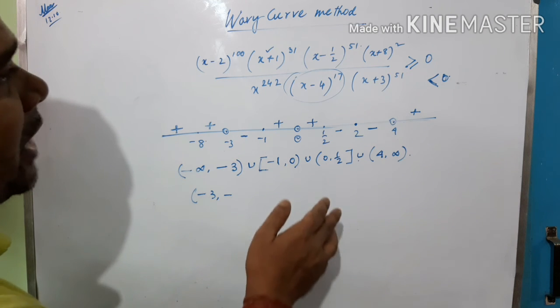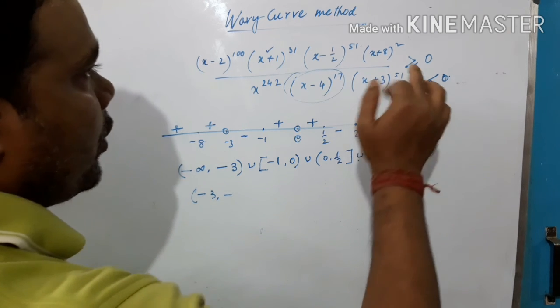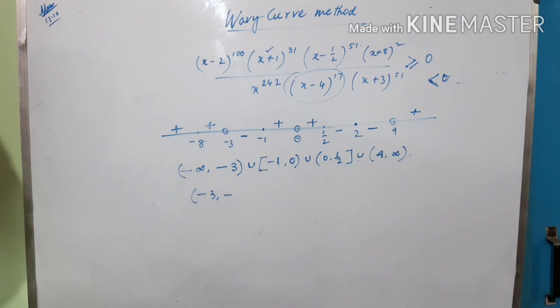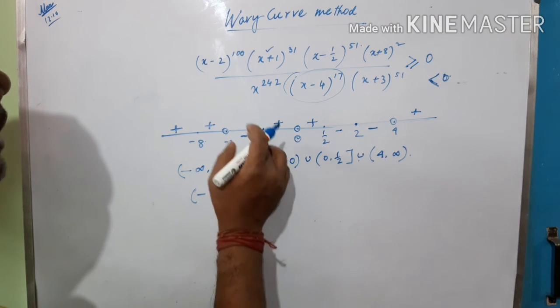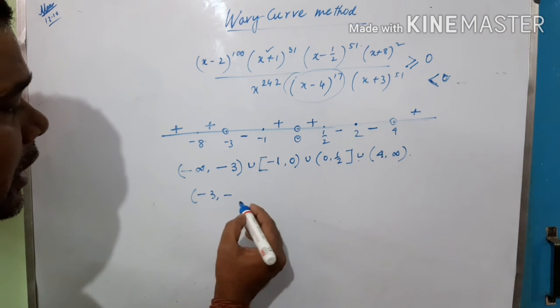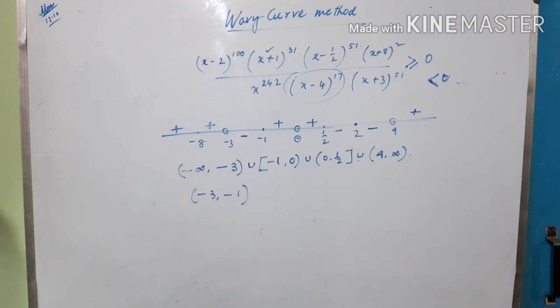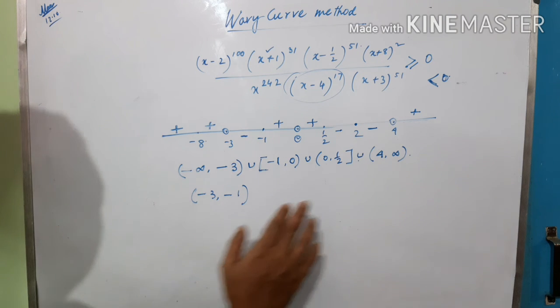But if we take minus 1, the value of the expression will be 0. But see that here we are not allowing the value of the expression to be 0 because we are allowing only less than 0. So although the value of the expression is defined as 0 at the point minus 1, we do not include the point minus 1 and we put an open bracket over here at the point minus 1.